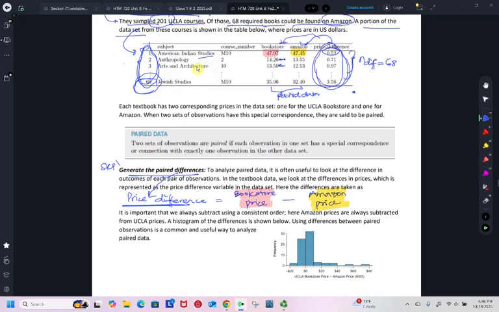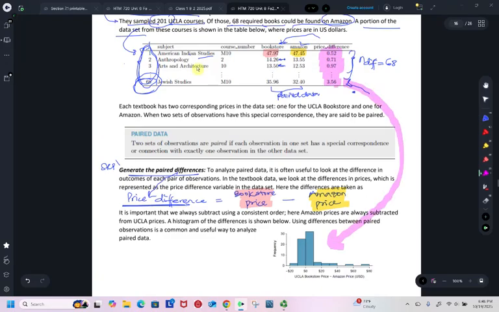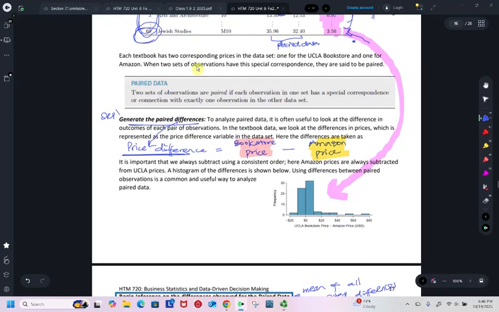Once I get the price difference for this paired data, the next step will be to focus my analysis on these differences. In other words, the data values in purple on my screen will be my new concern when I'm dealing with paired data. I will look at the histogram, and from the histogram, I can tell that there appears to be no significant departure from normality in the distribution of all the differences.